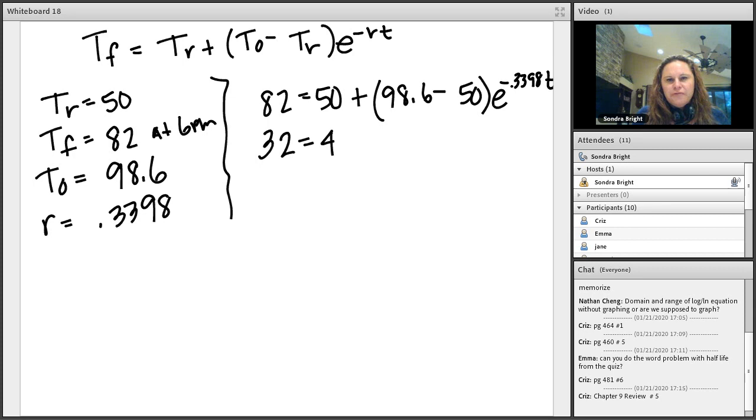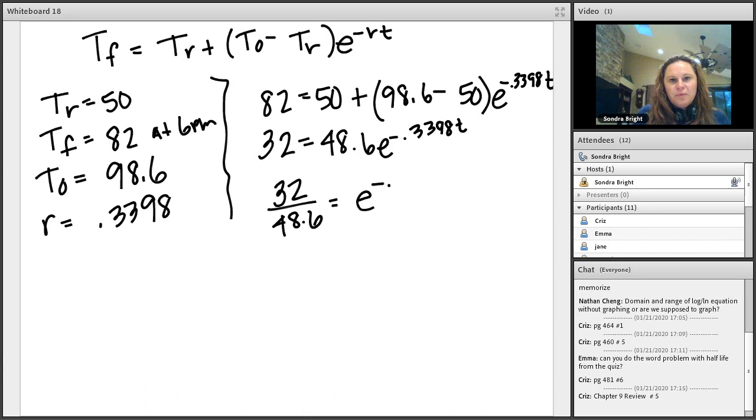This would be 48.6 e to the negative 0.3398 t. Divide both sides by 48.6. And that'll give you e to the negative 0.3398 t. And again, to get that variable out of the exponent, you need logarithms. And I'm going to do log base e, which is the natural log.